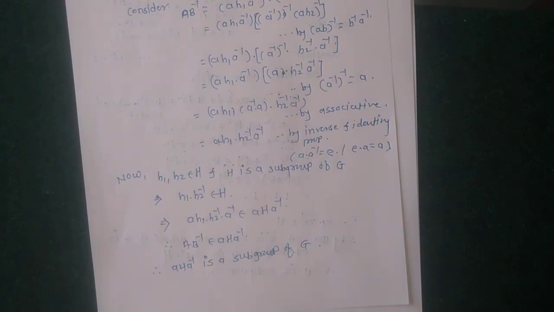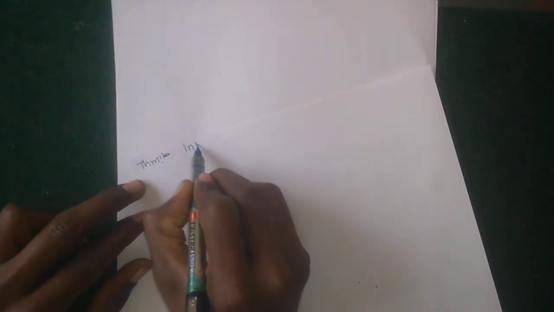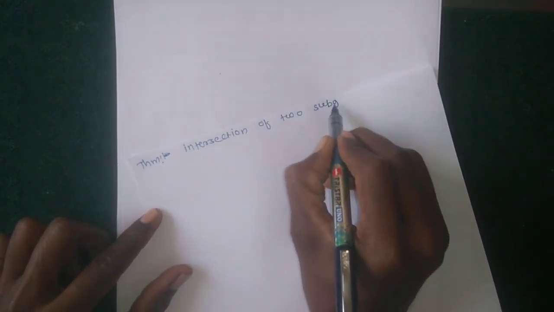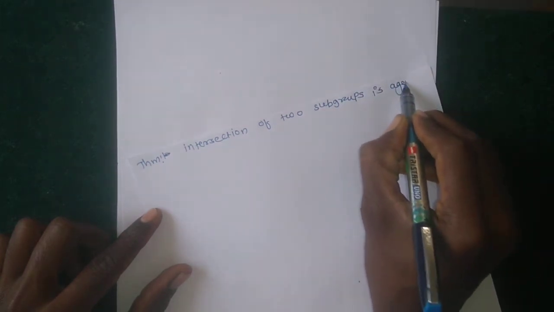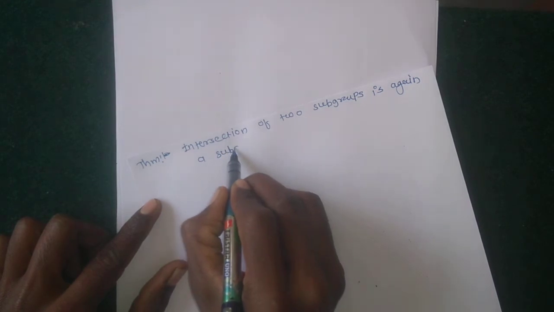Next theorem: the intersection of two subgroups is again a subgroup.